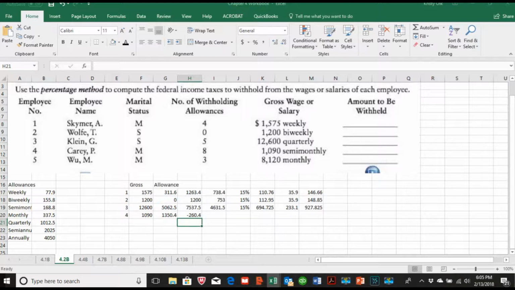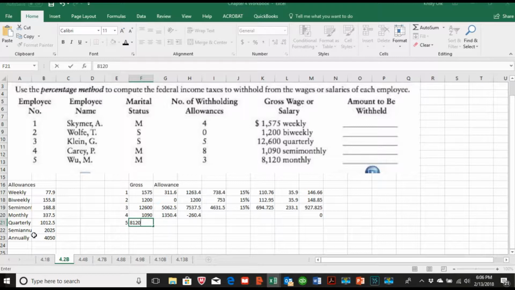That means, therefore, there will be nothing withheld. There is nothing that taxes apply to.